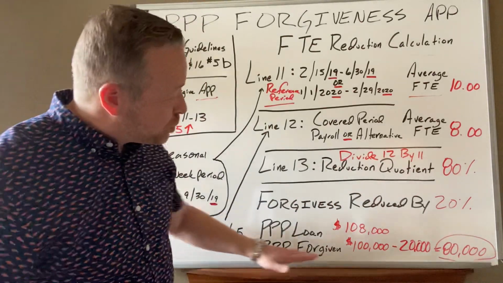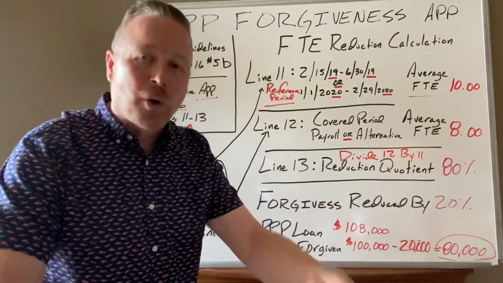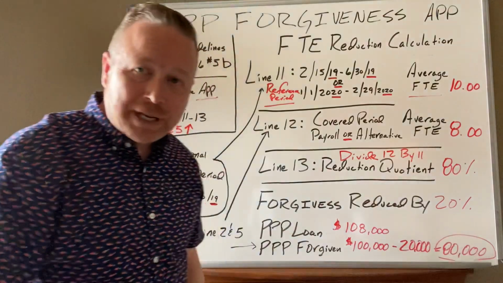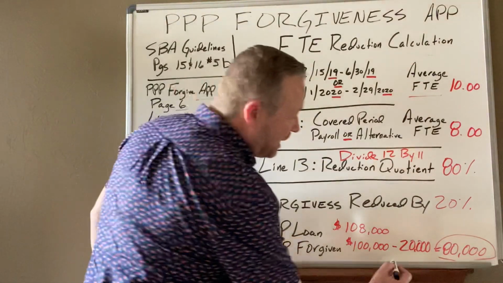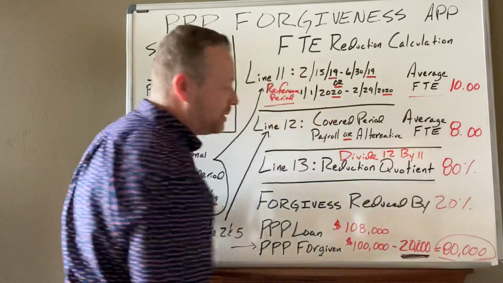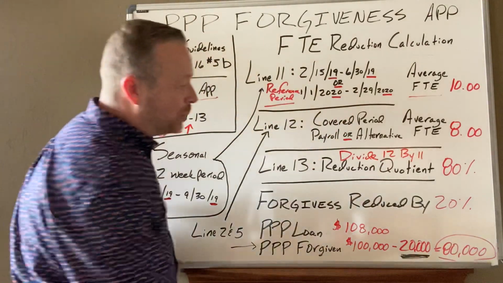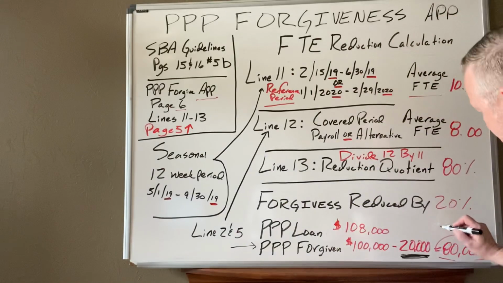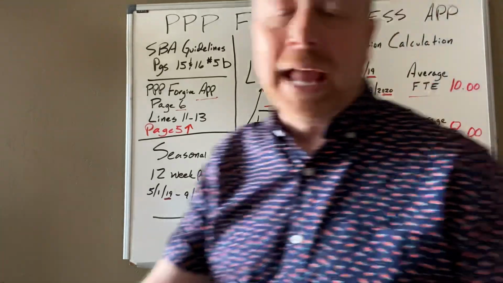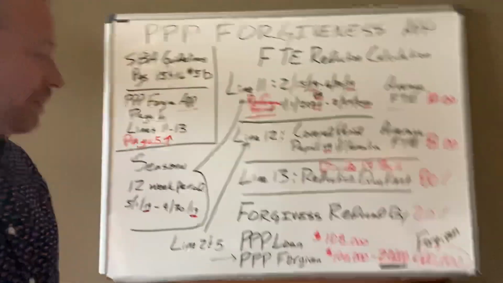Like, this is what you spent, 100 grand. You end up with this quotient here. 20,000 is not going to be forgiven. So only 80,000 will be forgiven. Only 80,000 is going to be forgiven on this.